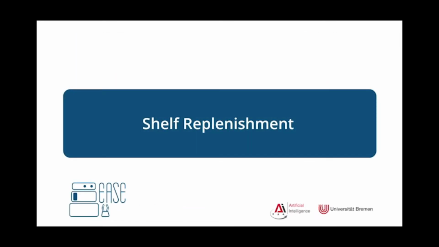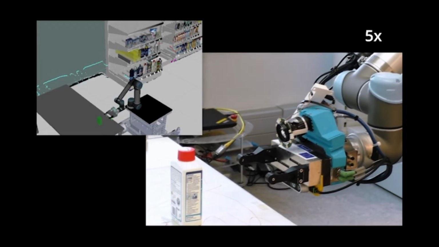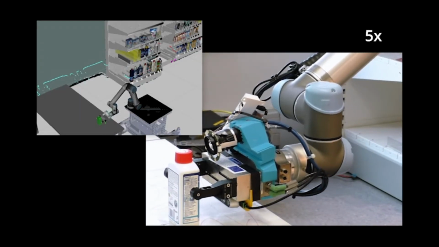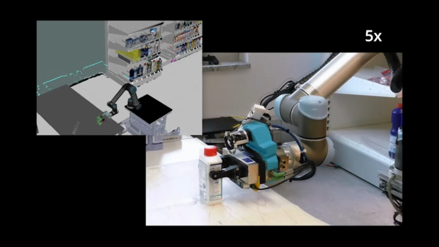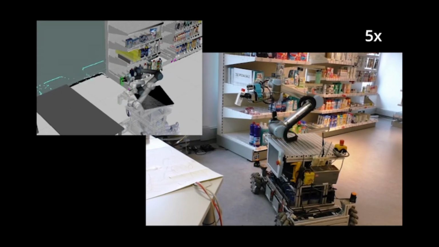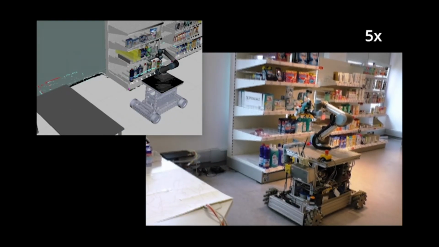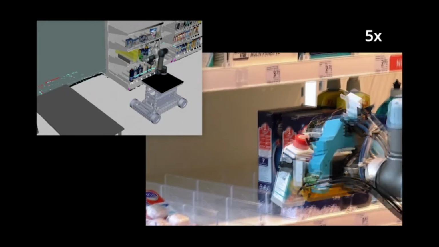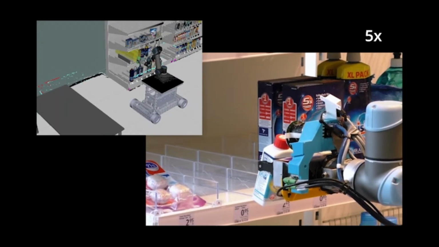Those kinds of digital twin knowledge representations can also be used for autonomous robot manipulation. Based on the autonomously acquired environment model, the robot can then perform autonomous manipulation actions like filling a shelf.